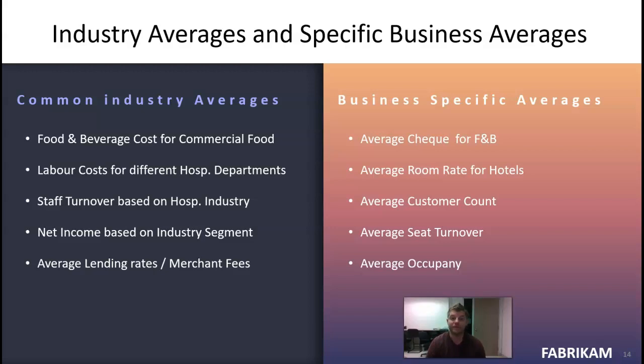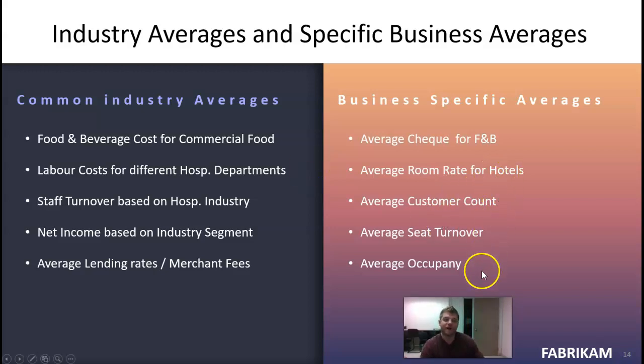So for next month, if I expect 50 people per day, I expect each one to spend $22. Now I have an idea of how much money I expect to come in. I can use that amount to start saying, okay, 30% will go towards my food and beverage, 30% will go towards my labor, and now I can really start trying to plan out how I'm going to spend my money.